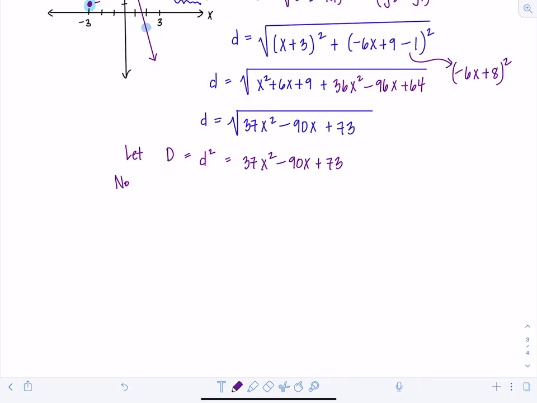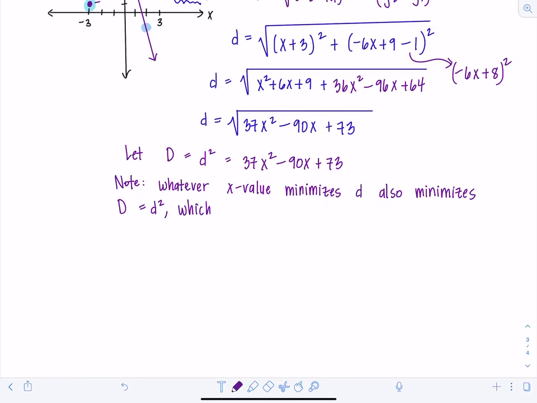Well, as a note, whatever x value minimizes lowercase d also minimizes this new function capital D, which is d squared.